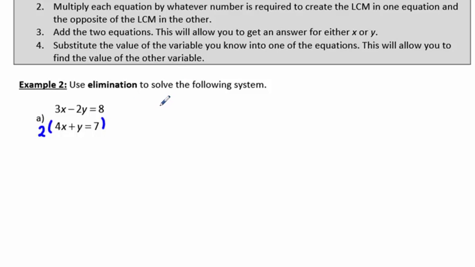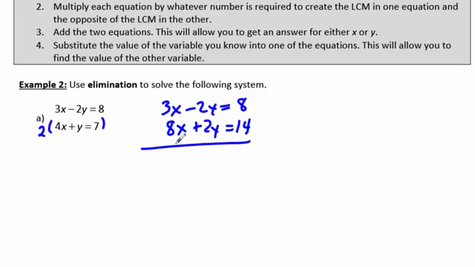The top equation stays 3x minus 2y equals 8. And the bottom equation becomes 8x plus 2y equals 14. Add those together. 11x, no y, equals 8 plus 14 is 22. Divide both sides by 11, we have our x value.